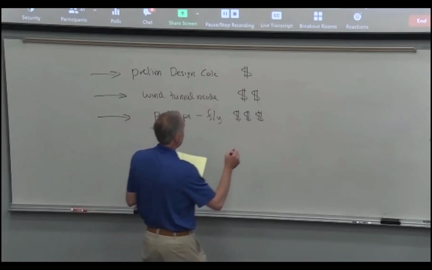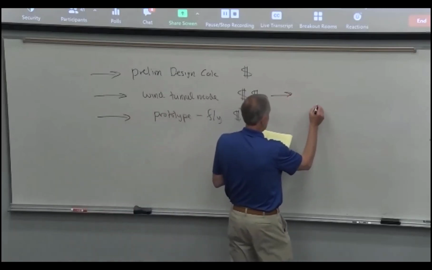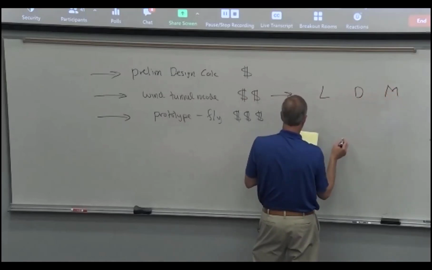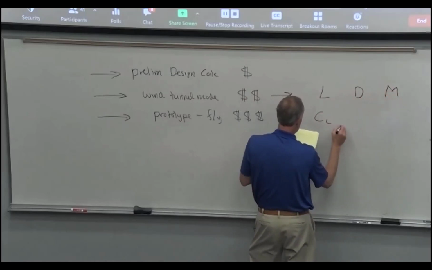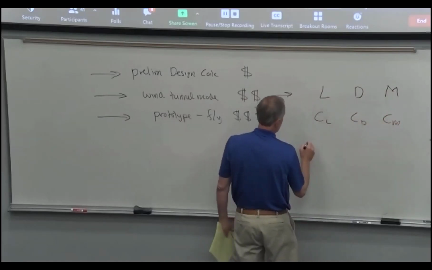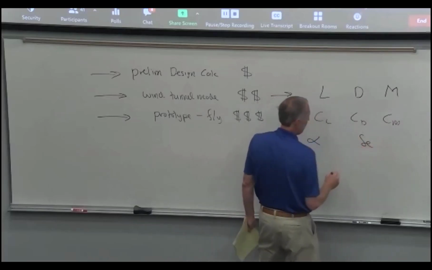The wind tunnel testing, you can measure lift, drag, and pitching moment of your wind tunnel model, which essentially gives you CL, CD, and CM. And you'll do this with alpha sweeps and at different elevator positions.